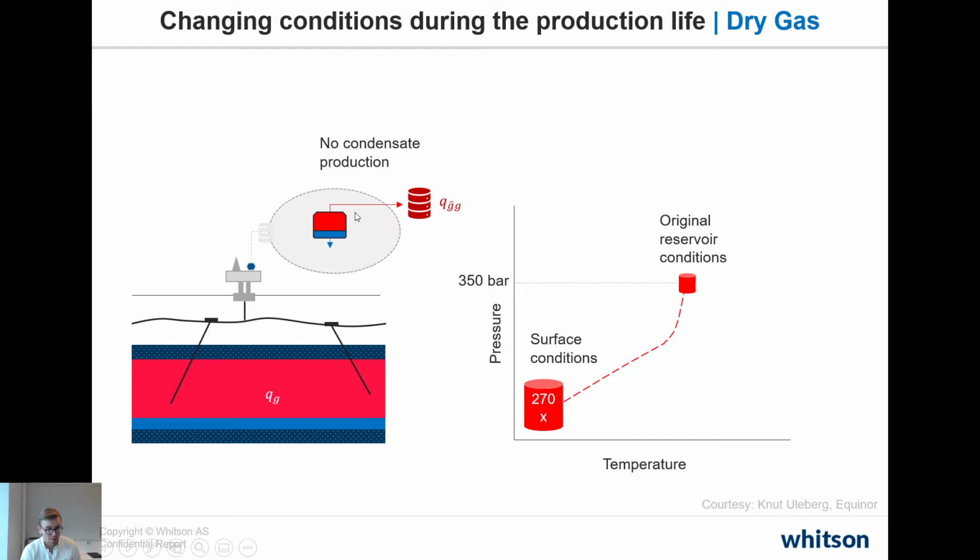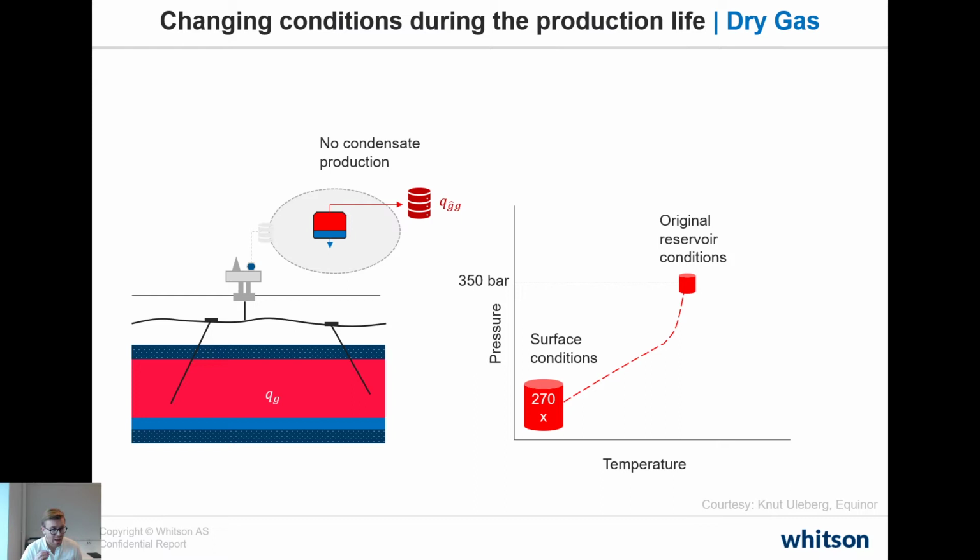We process the products, and what we produce as an output is surface gas originating from the reservoir gas phase, and we denote that with a G hat G, and we'll touch much more on the nomenclature later. In this particular example, the gas expands about 270 times from reservoir conditions to surface conditions.